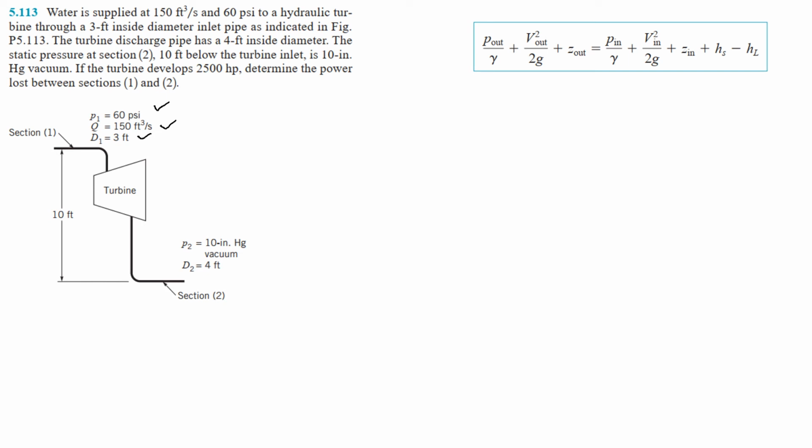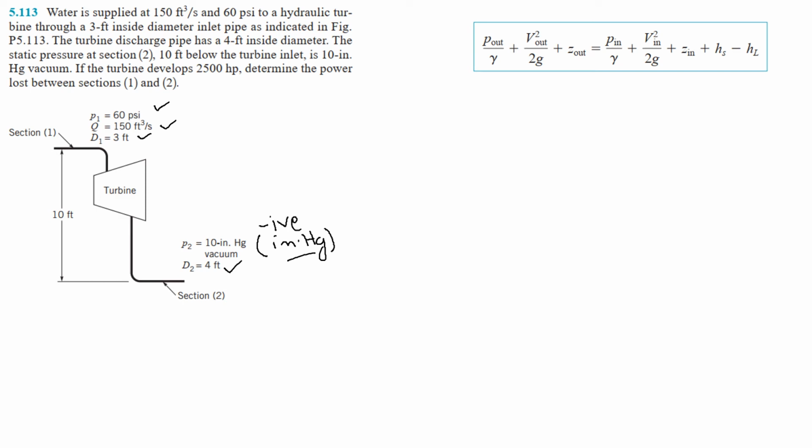The turbine discharge pipe has a 4 feet inside diameter. This is the discharge pipe. The static pressure at section 2, 10 feet below the turbine inlet, is 10-inch mercury vacuum. This is the negative pressure in terms of inches of mercury, so its value will be negative.